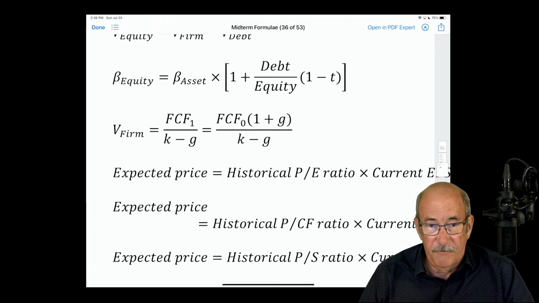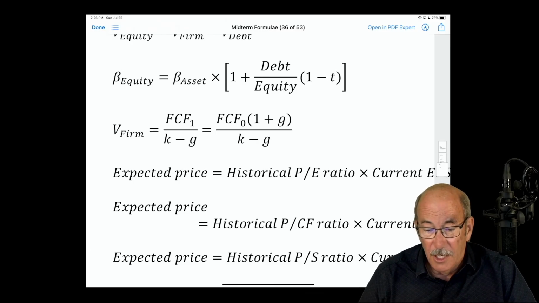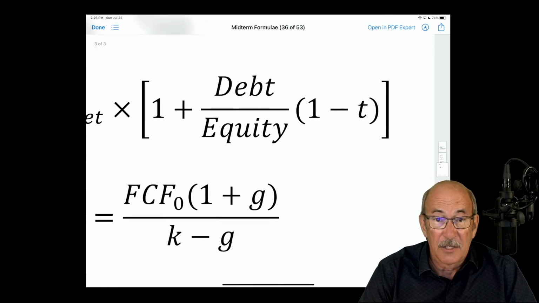This is our formula. Instead of solving for the equity beta, we're going to solve for the asset beta. We know the equity beta, so we're going to take that 1.7 and divide by the thing in the brackets.